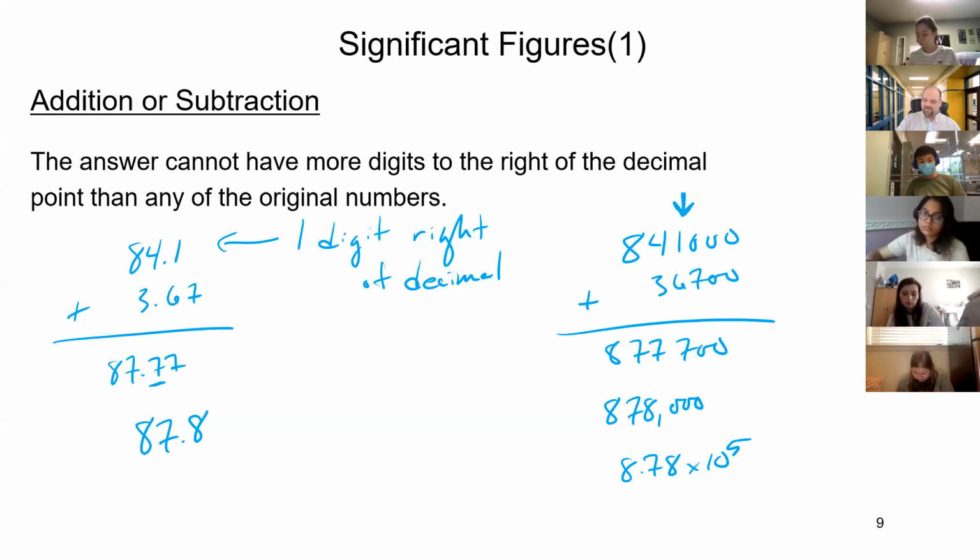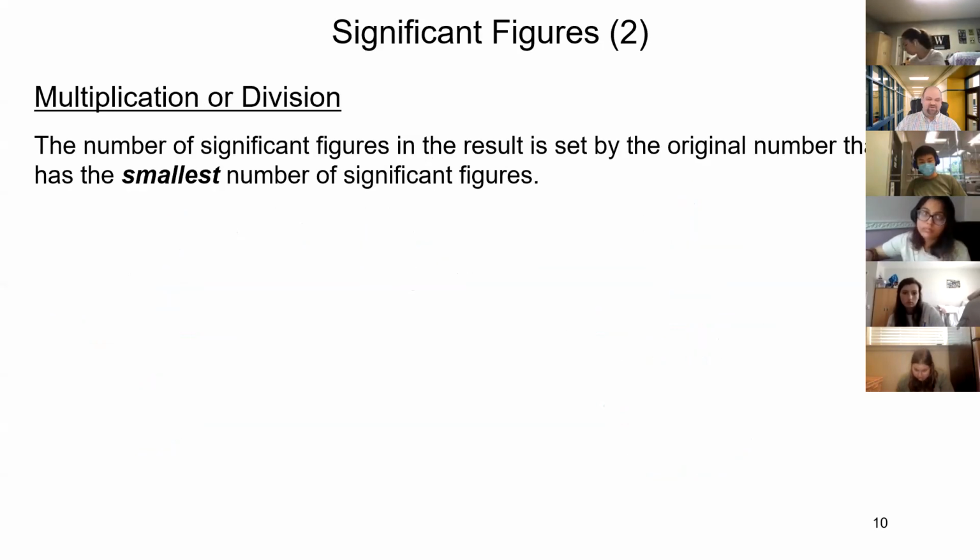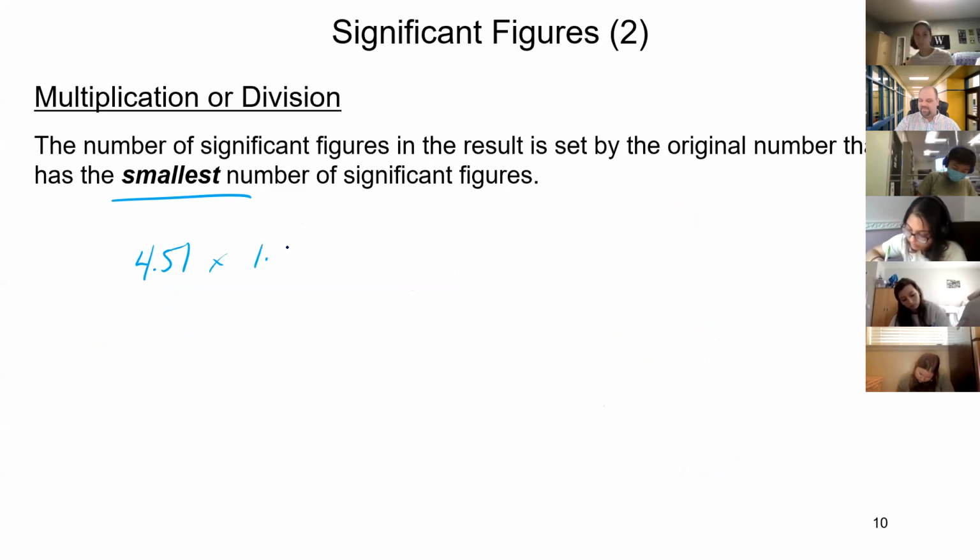That one is a little bit more cumbersome than multiplication or division. In multiplication and division, it's just the lowest number of significant figures. So if I have 4.51, I'm going to multiply that by 1 2/3, so 1.66667, because that number goes out a long way.